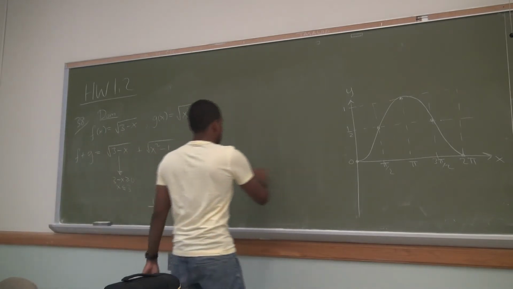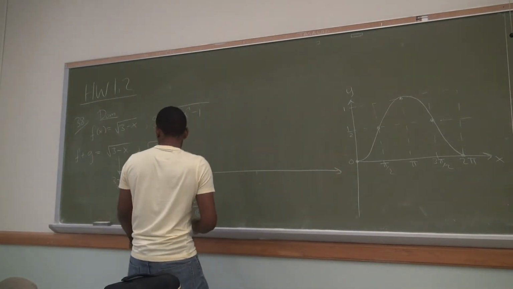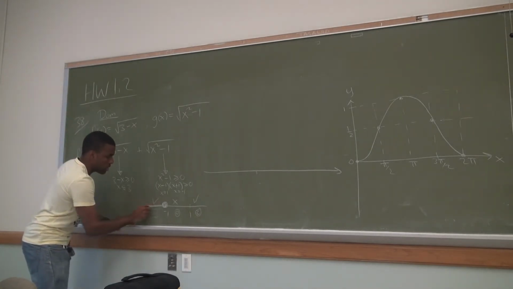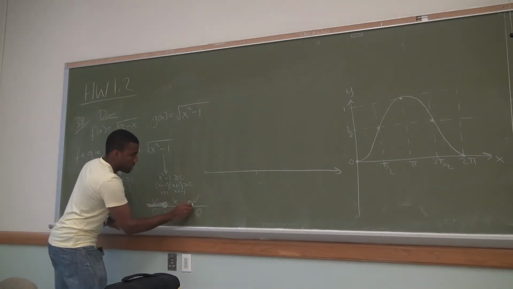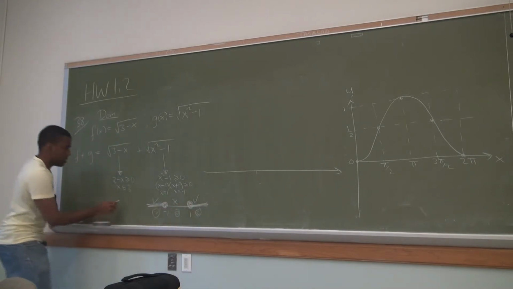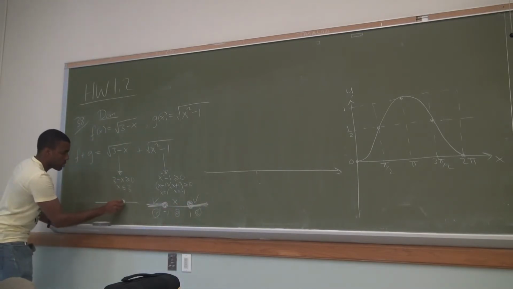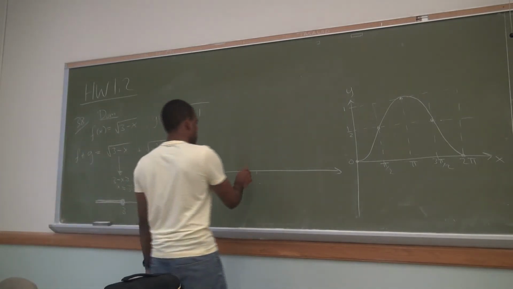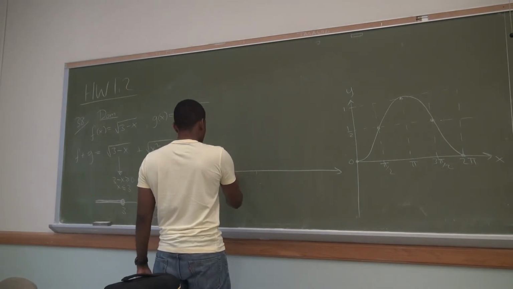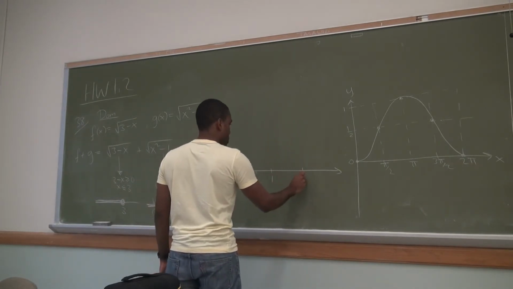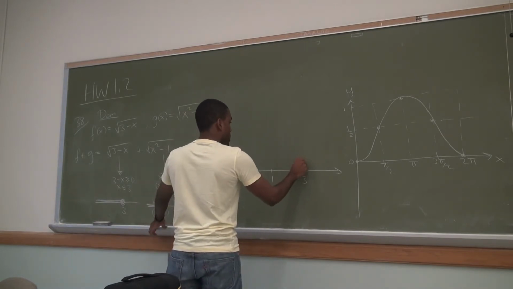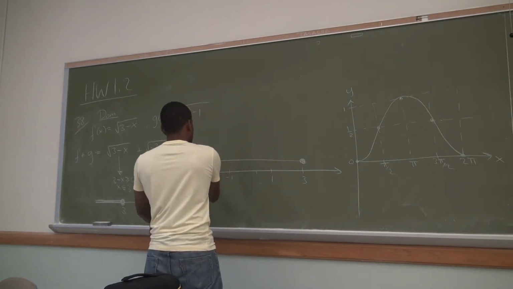So again, you draw the number line. This one works from negative infinity up to negative 1, and from 1 going forward. The other one works at 3, going back. Now you want to figure out when they both work.